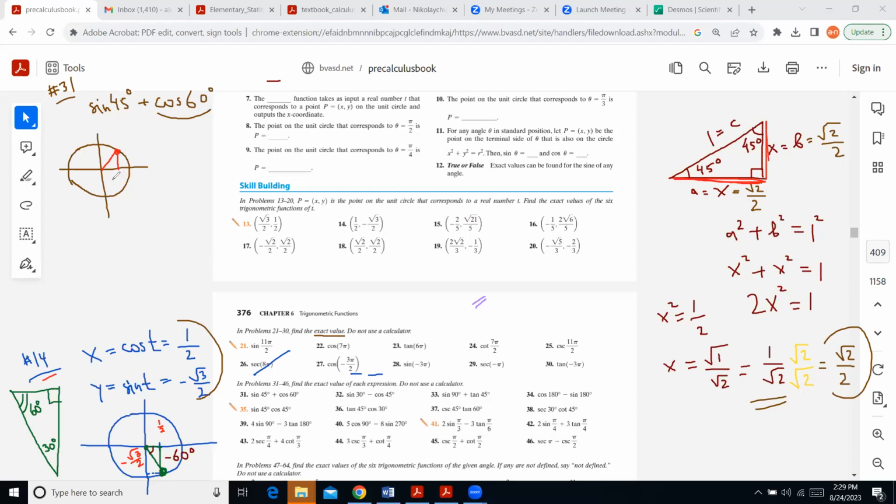So I can say square root 2 over 2 for cosine, as well as square root 2 over 2 for the sine of angle 45 degrees. We just worked on them. They want to know sine, so they want to know the y coordinate. We also have the x coordinate, but they just want y. Okay, so we'll give them y. This is square root 2 over 2.